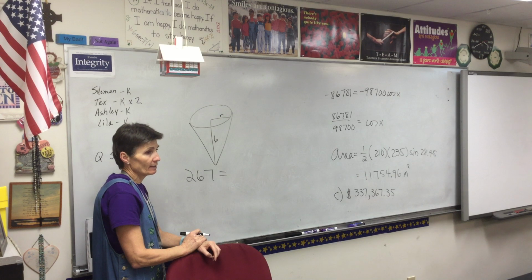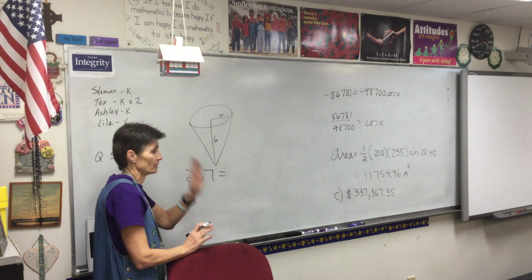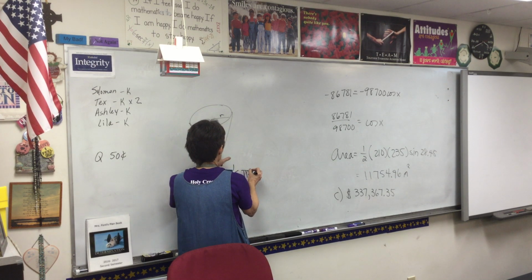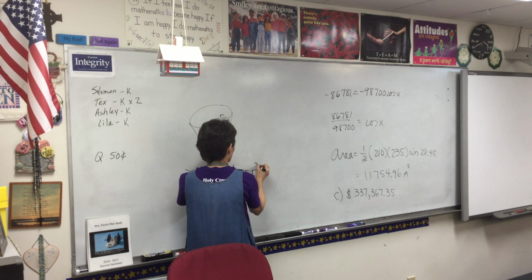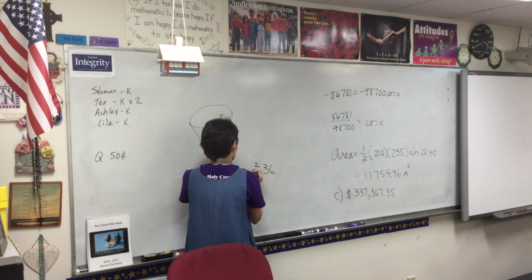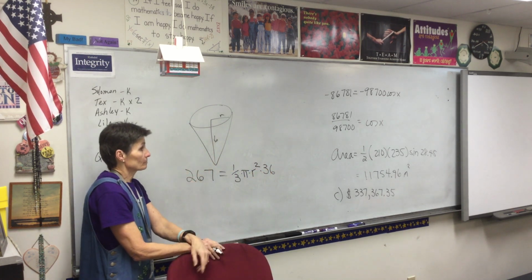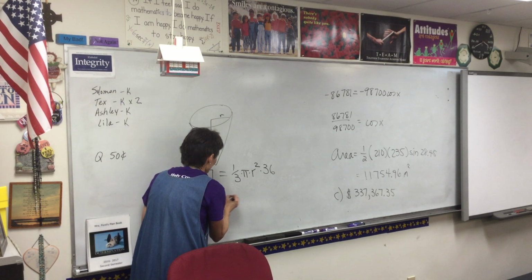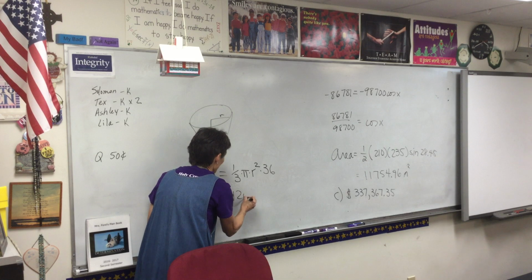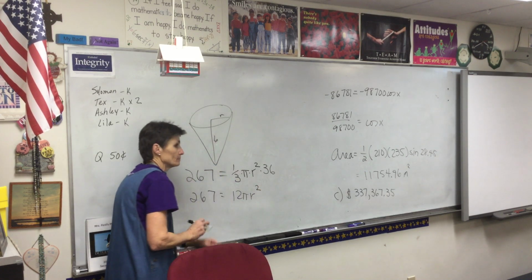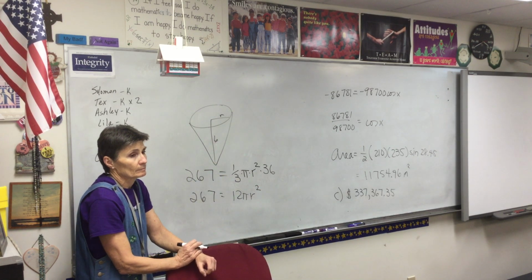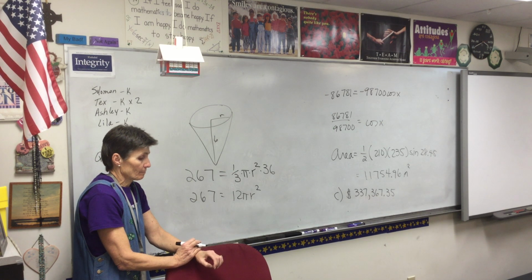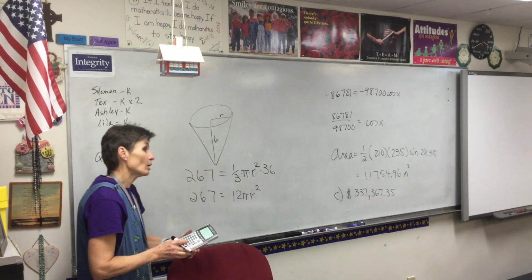What's the formula for the volume of a cone? 1/3 pi r squared h. So I'd go ahead, if I were you, and take care of that. That's just 12 pi r squared. What would you do now? You're trying to get r by itself.